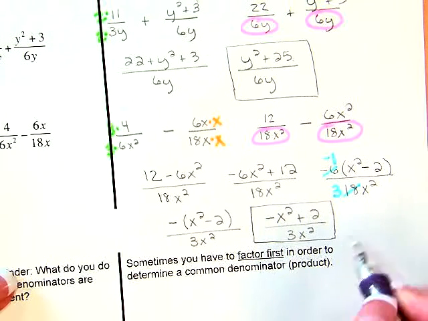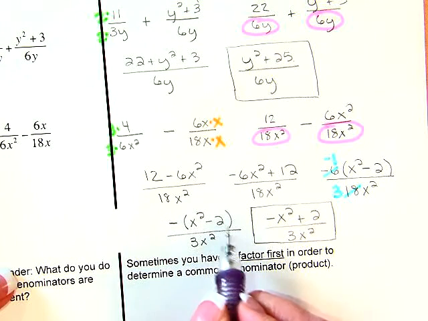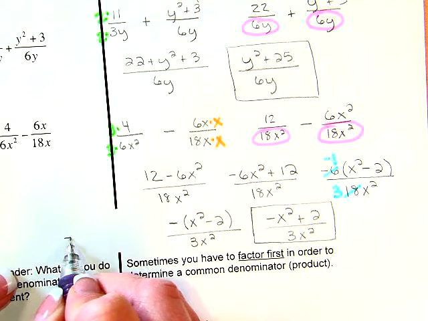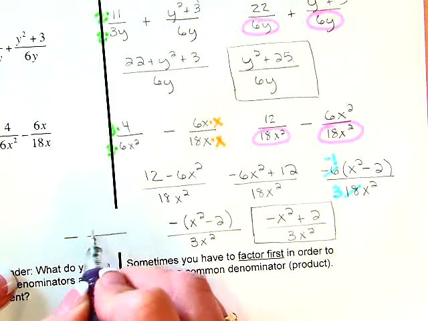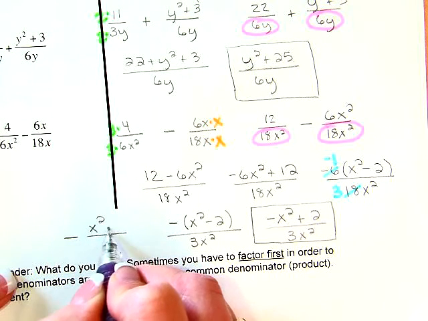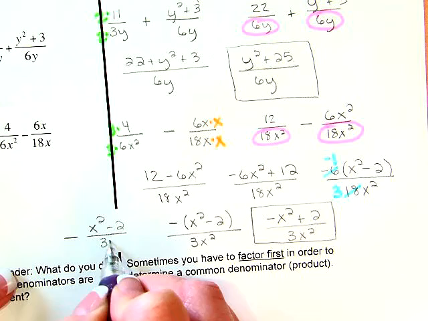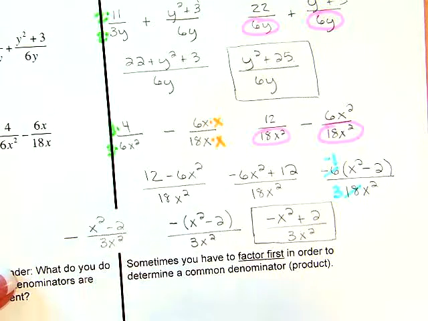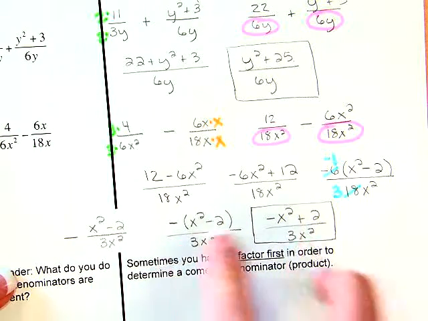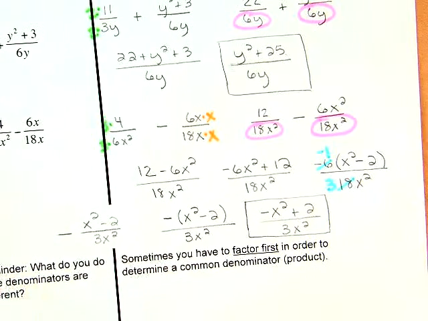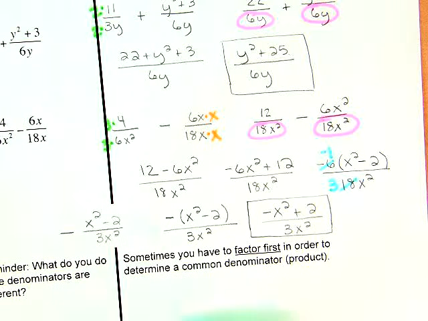Okay, but sometimes if you have this negative with this numerator, you'll just see a negative out front of the fraction, and then you'd have x squared minus 2 on top and 3x squared on the bottom. So these are actually all equivalent, which sometimes you guys aren't quite clear on, but now is an opportunity to see those. So that's 12-6 day 1.